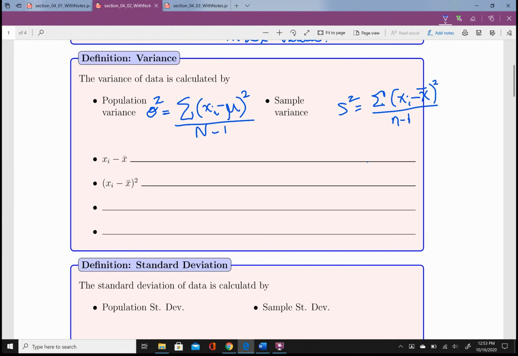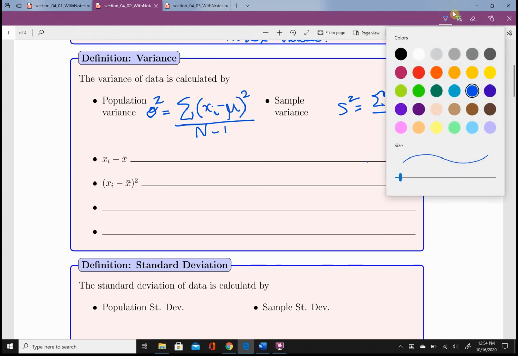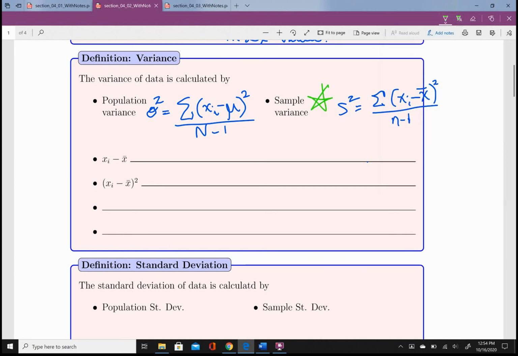Okay, but population variance, population standard deviation, population mean, this is generally not able to be calculated. So what we really want to be focusing on here is getting to know these sample elements: variance, standard deviation, and mean. Those are far more relevant to our purposes here.